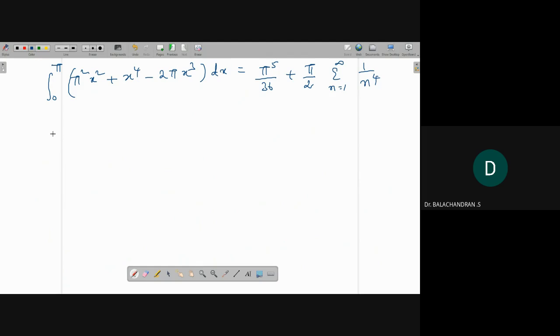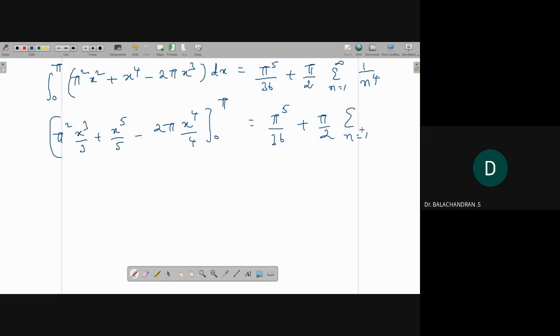So now integration: pi square into x cube by 3 plus x power 5 by 5 minus 2 pi x power 4 by 4, limit is from 0 to pi. So this is equal to pi power 5 by 36 plus pi by 2 into summation n equal to 1 to infinity 1 by n power 4.